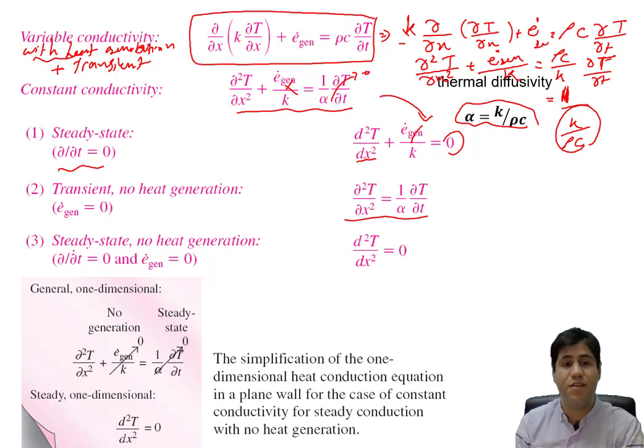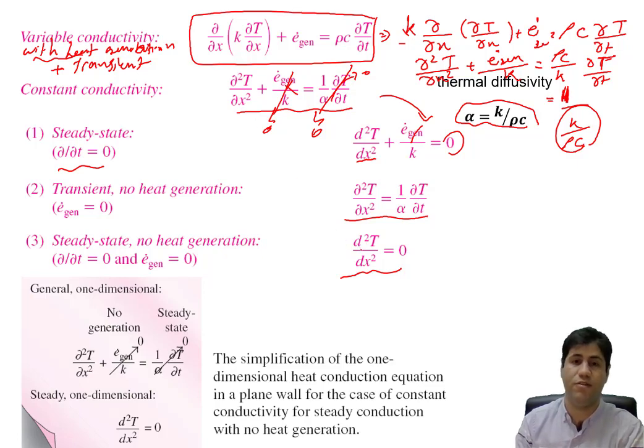The third special case is when we have steady state and no heat generation for this heat transfer problem in the rectangular coordinate system. In this special case, this will be 0, this will be 0, and we have only this, where the partial becomes the differential form: the second derivative of temperature with respect to the direction of heat transfer equals 0.